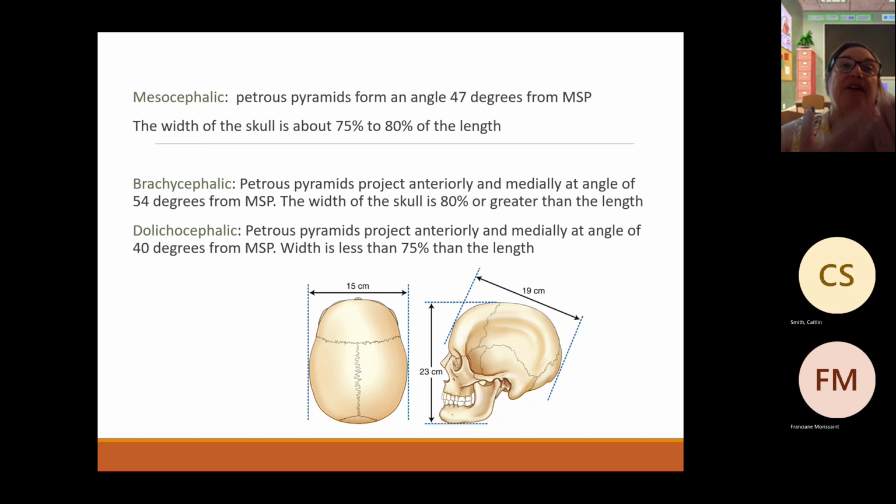In a dolichocephalic, the petrous pyramids are only about 40 degrees. So that's why it's important to understand, because in the brachiocephalic, we see that the width of the skull is about 80% or greater than the length, which is completely the opposite of the dolichocephalic.